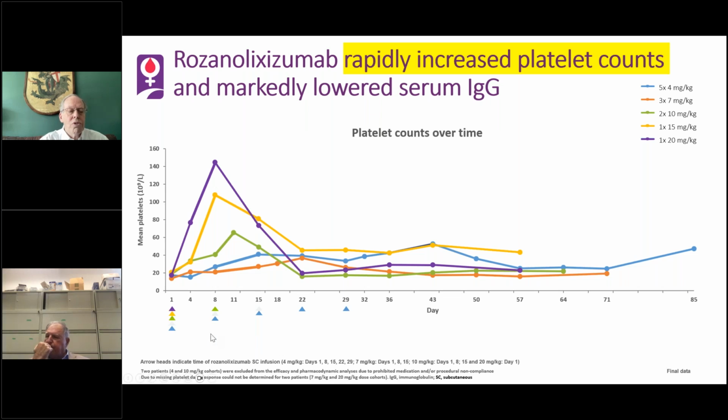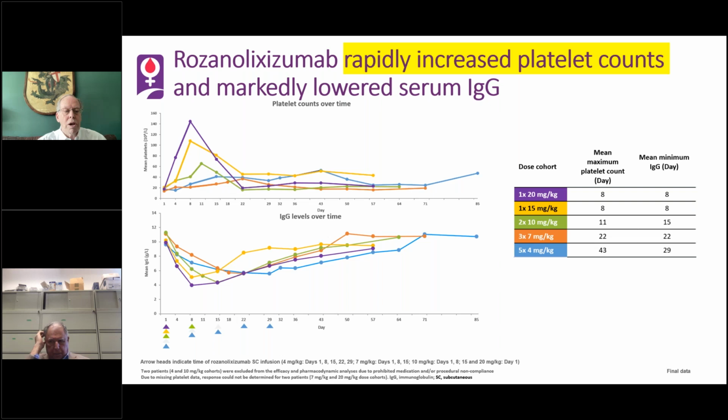Now, why is this immediate response relevant? And by the way, you see a lesser immediate response at the next lower dose of 15.